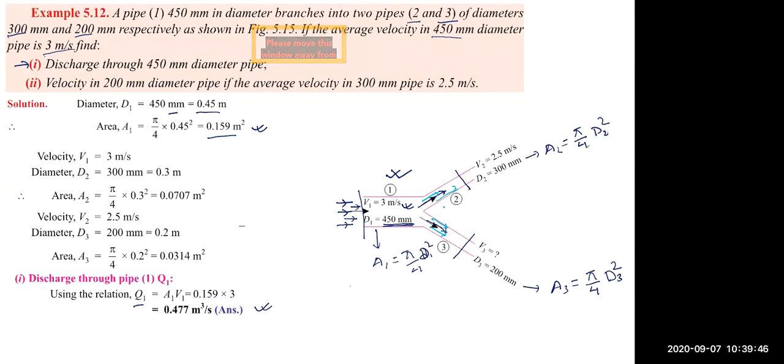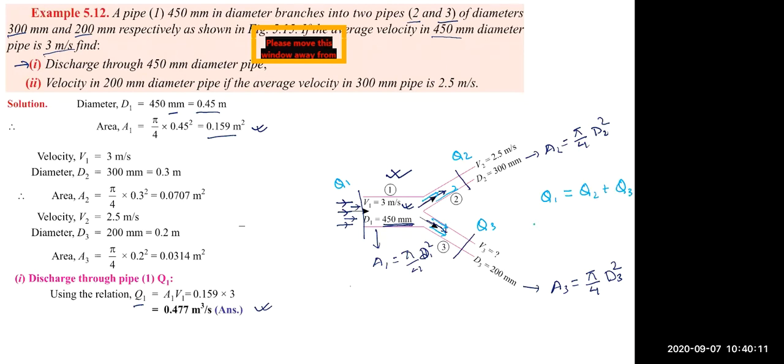Now how much water will go this side and how much will come this side? Anyhow, if here you have discharge equals Q1, at this location if you have Q2, here you have Q3. So as per the law of conservation of mass, you know that Q1 will be equal to Q2 plus Q3.